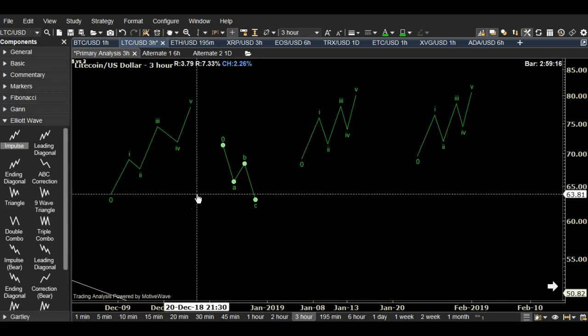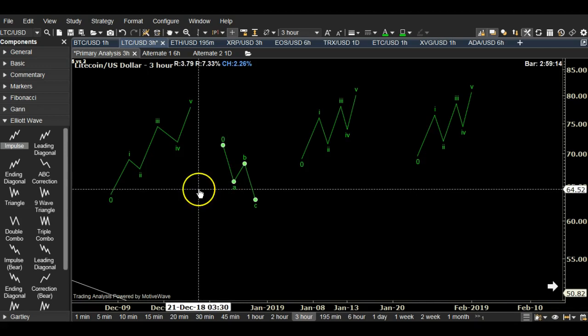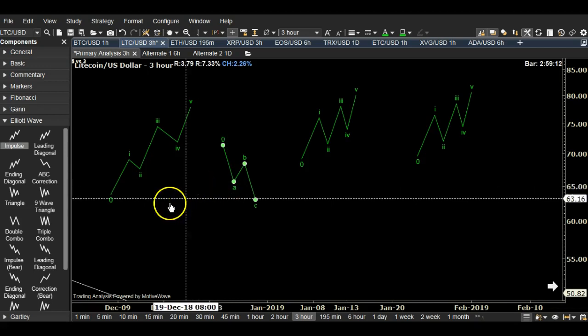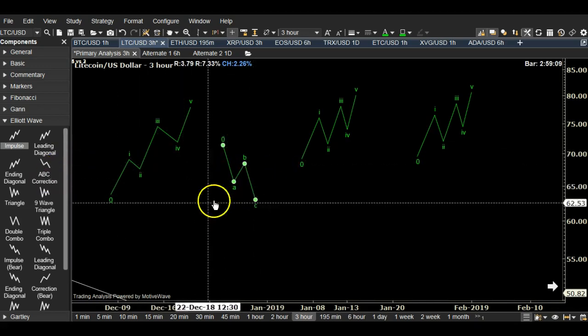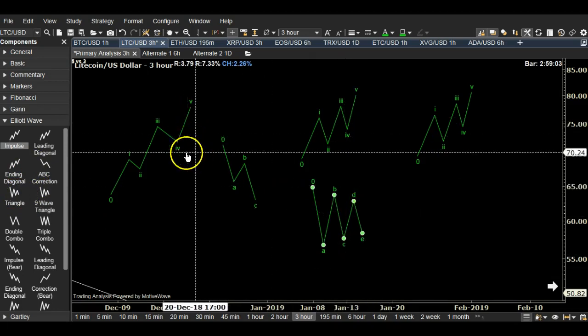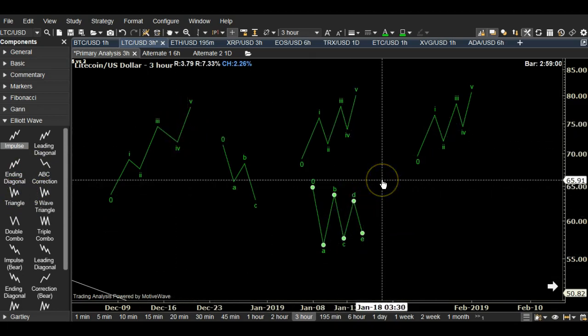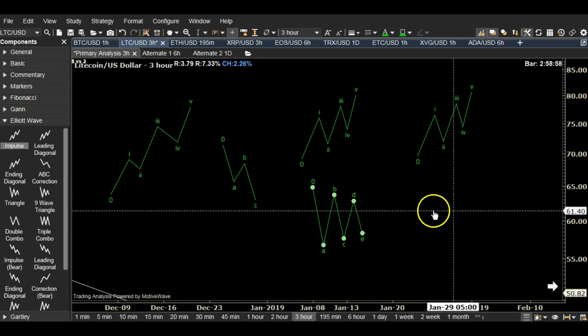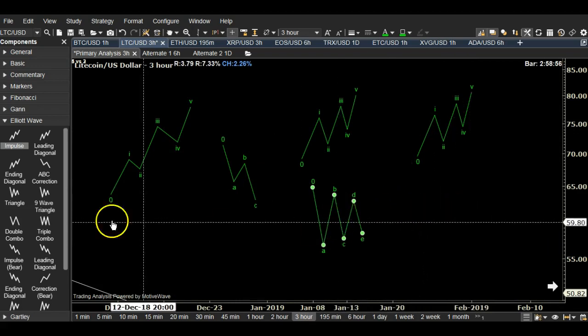There are different rules here that I'm not going to go into, rules of alternation between wave 2 and wave 4. But this can be a basic zigzag correction, and then you can have a triangle, right? And this triangle usually happens in wave 4. It never happens in wave 2, or if it does, it's an extremely rare occurrence.